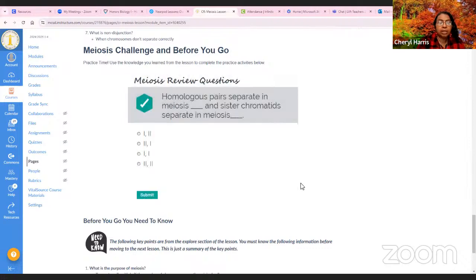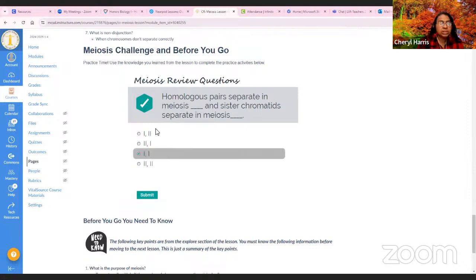All righty. Again, homologous pairs separate during meiosis, which one? And sister chromatids separate during meiosis, in which phase? All right.